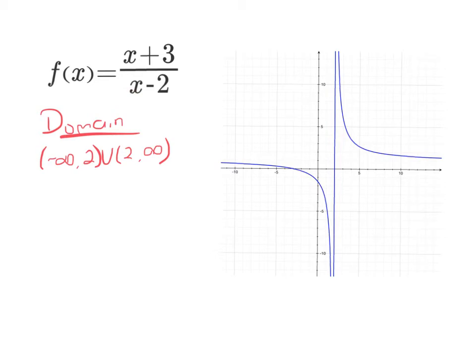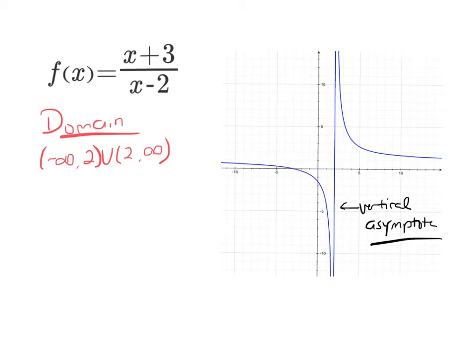And now if we look over at the graph, we've got these two branches here. Here's one part of the function, here's another part of the function. But this line down here is not actually part of the function. This is a vertical asymptote.